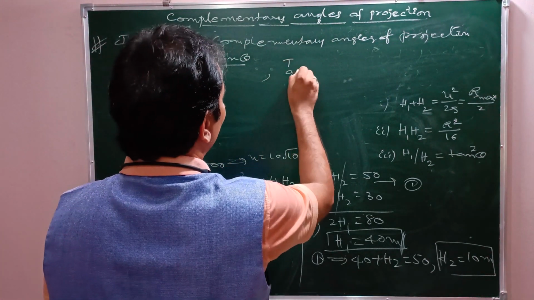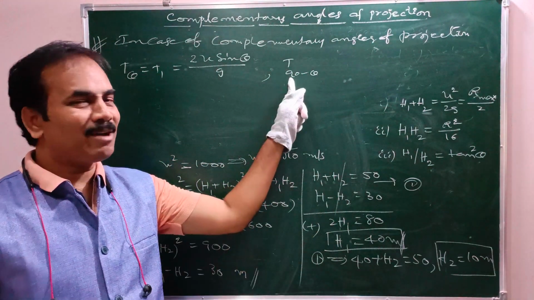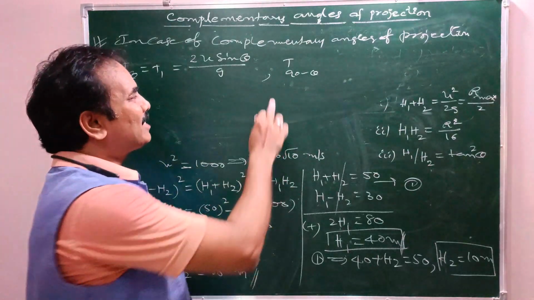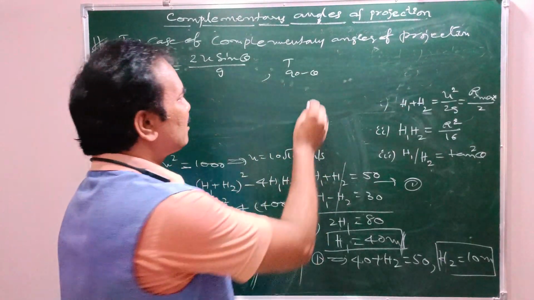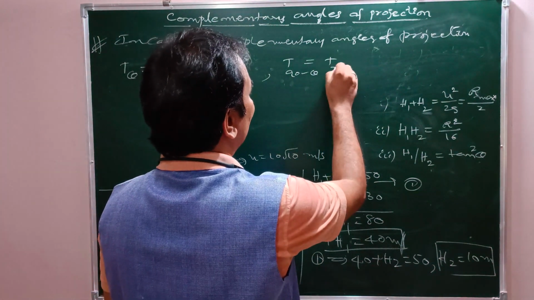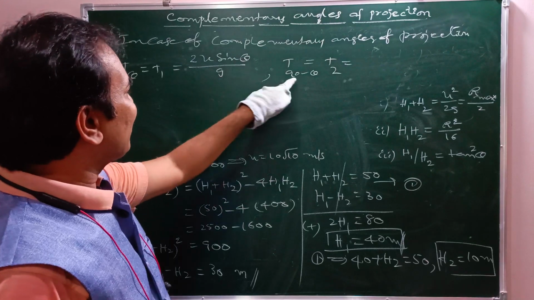Now t at 90 minus theta, when the same body is projected at some other angle 90 minus theta with horizontal. Now what is the time of flight? Means the time for which the body remains in air, let me call it t2, which is equal to, replace theta by 90 minus theta.